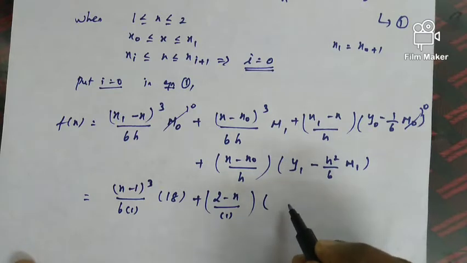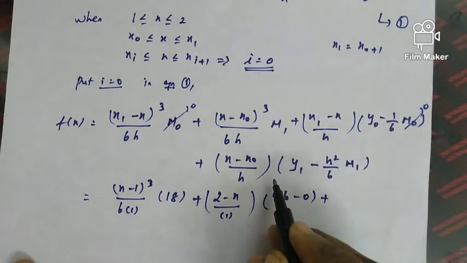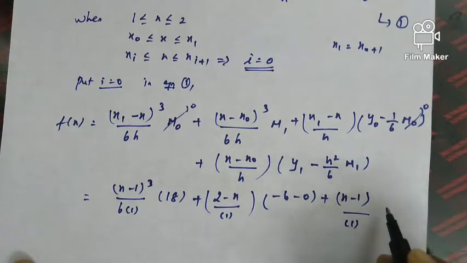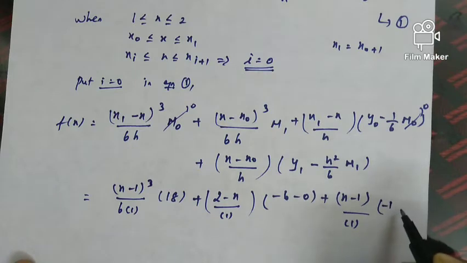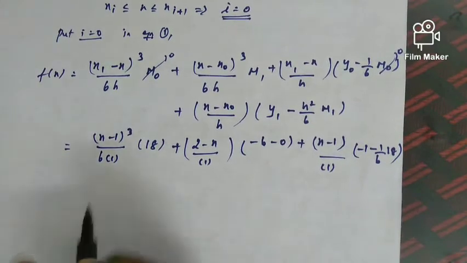What is our y0? y0 is minus 6, and this term becomes 0. Plus x minus x0, which is x minus 1, divided by h; that one we need not write, or otherwise you substitute the value. And here it is y1, y1 is minus 1, minus h square, that is 1, by 6 into m1. m1 is 18. Now we have substituted all the values.